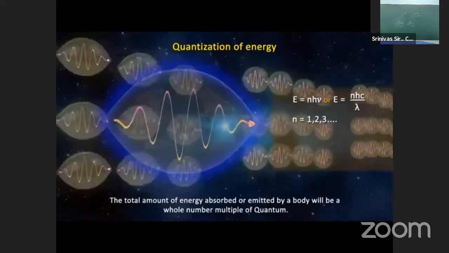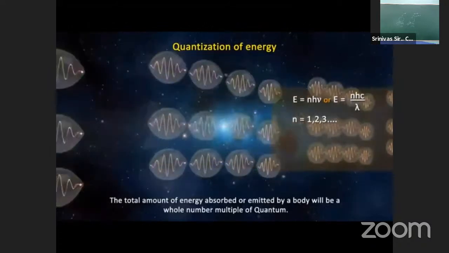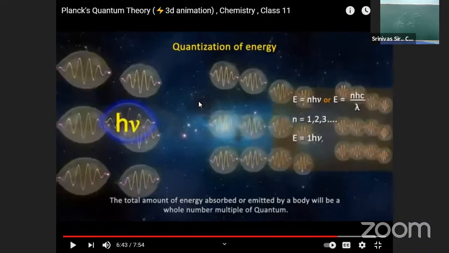This implies that a body can only emit or absorb energy equal to an integral multiple of h nu, such as 1. This is a very important statement. Note down: the total amount of energy absorbed or emitted by a body will be a whole number of multiples of quantum. First note down, I'll explain. This statement again will help you a lot to understand Bohr's model.